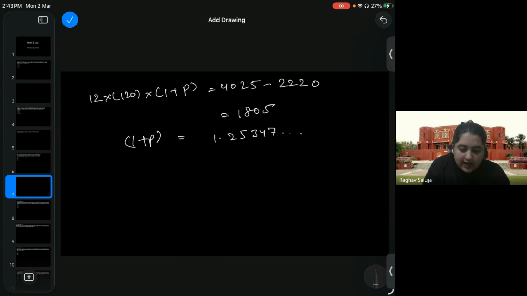And P will come out to be 0.25, something like this.